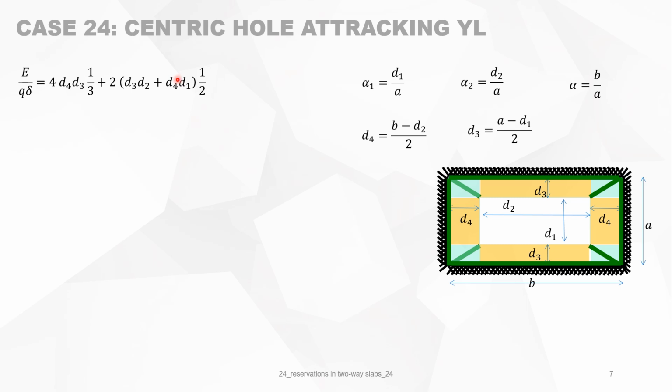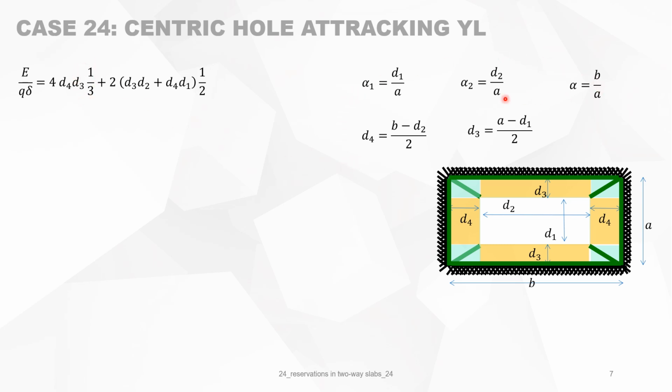So that's this term, and the mean deflection is delta over 2, so that's a half of it. For the green elements, we have 4 times D4 times D3, and it consists of triangles, so the mean deflection is 1 over 3.